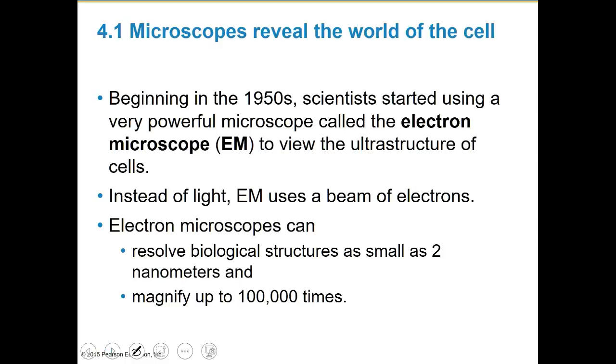So instead of light, it actually uses a beam of electrons and just pummels this thing with tiny electrons. So it can resolve biological structures as small as 2 nanometers. I'm pretty sure that's 2 times 10 to the negative 9 meters. That's tiny. It can magnify up to 100,000 times.